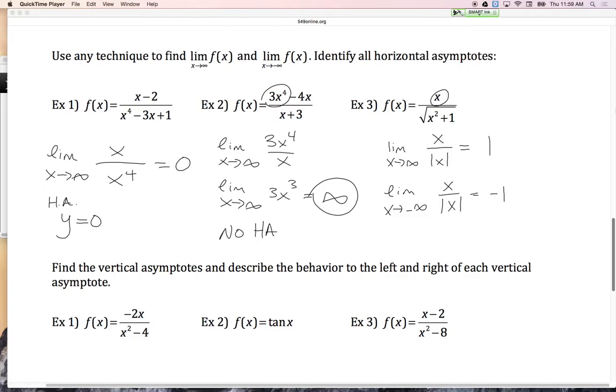If you look at number 3 right now, e to the negative x over x. Go ahead and graph it.